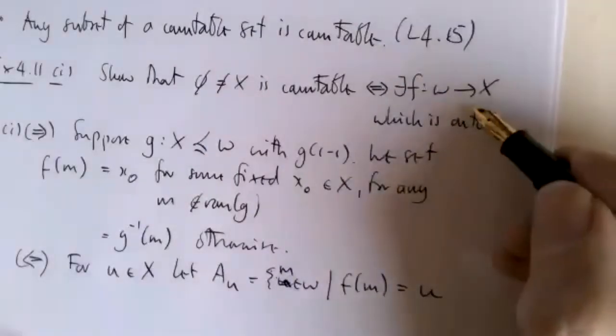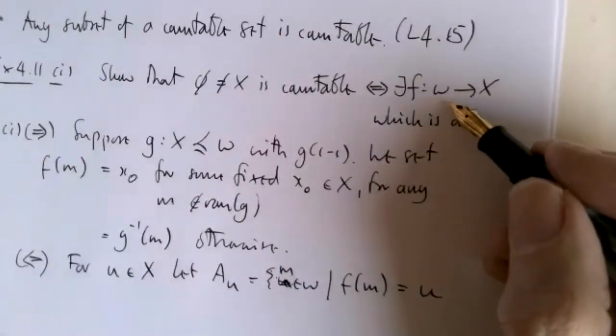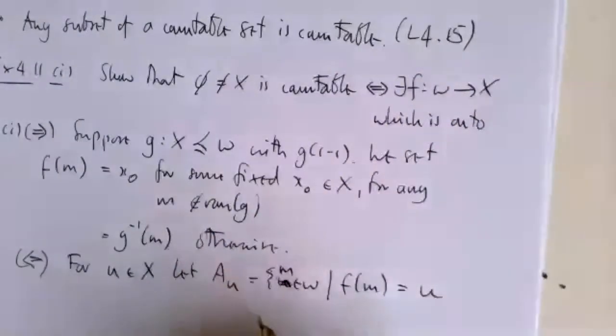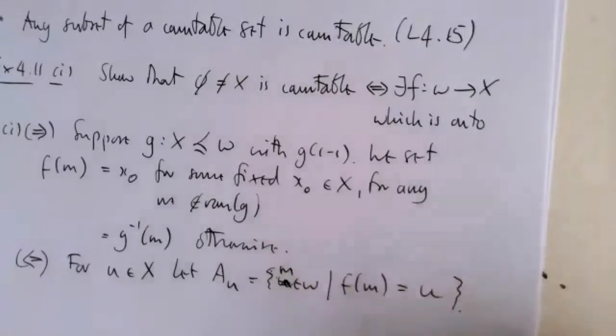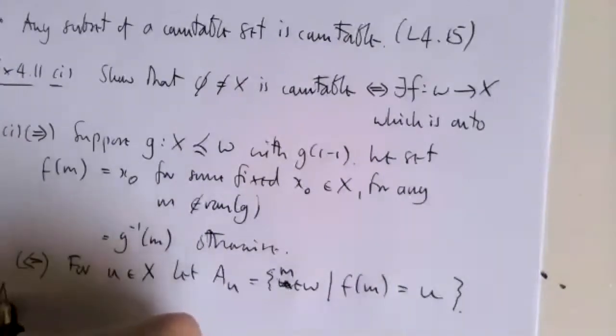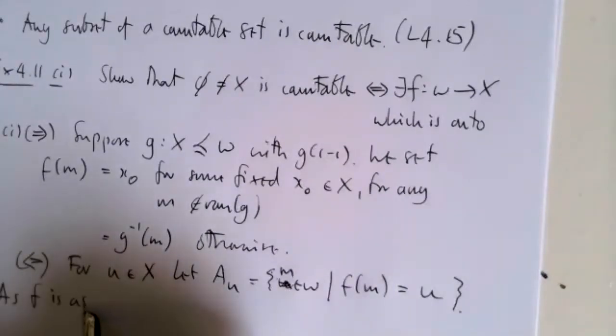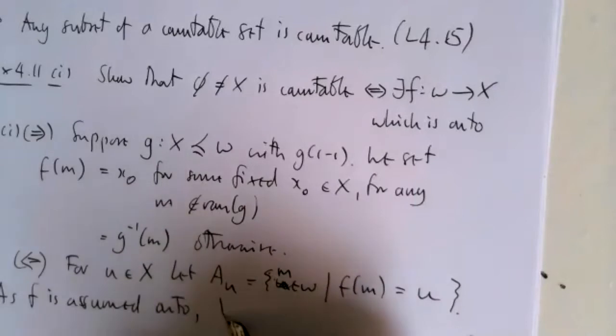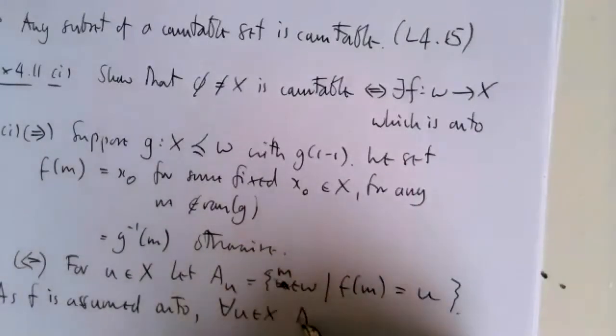So f is onto, it may send a whole bunch of things to the same object u in X. So A of u tells me what that bunch is. Now, because f is onto, for every u in X, this is non-empty.